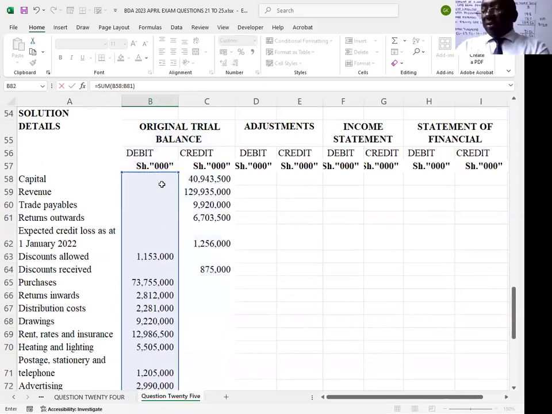Press enter and give me the total. Give me the total.